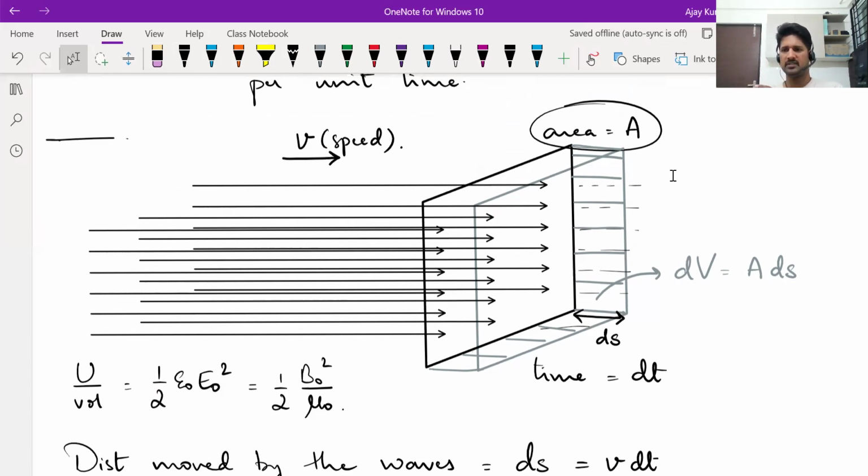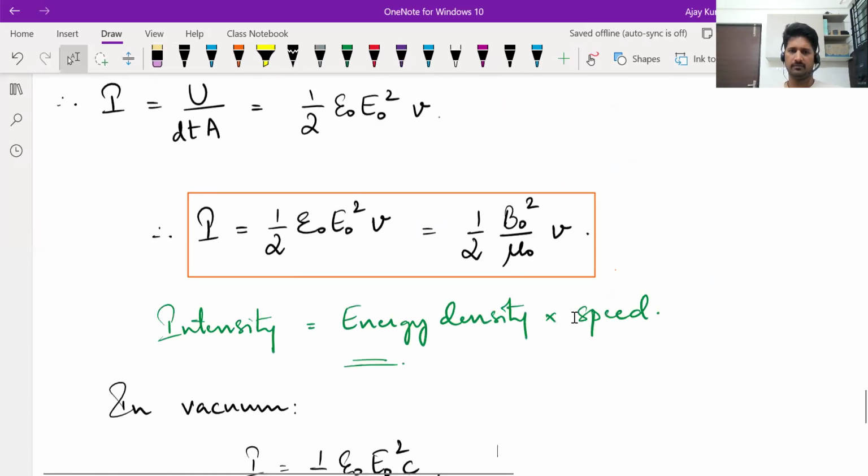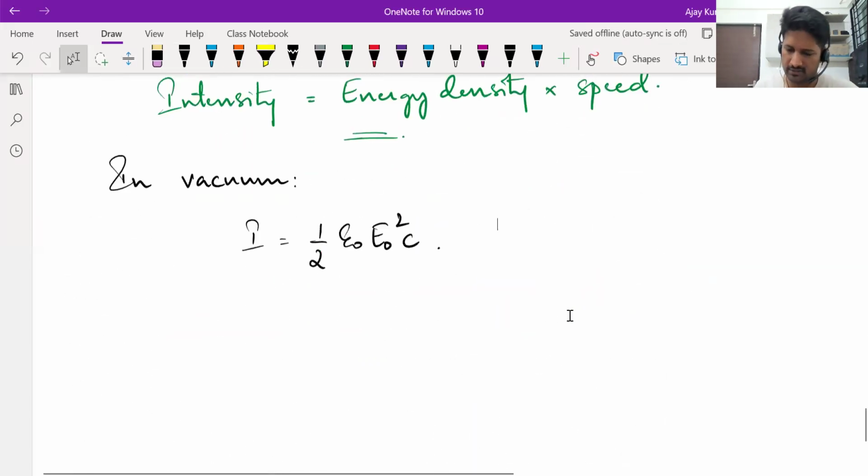If waves travel that much distance, then energy also travels that much distance, because waves carry energy with them. That distance multiplied with area gives a small volume. All the energy trapped in that volume must have passed through this surface. We know energy density, that is energy per unit volume. Multiply that with volume, and you will know how much energy has passed through the surface in this time dt. Then you can find out energy per unit area per unit time. That's what we have done. Practice these derivations once later.